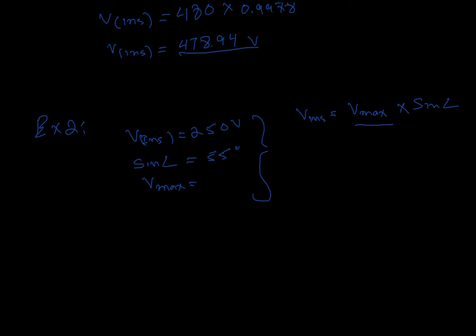So we will divide both sides by the sine of the rotation angle. So V max will be equal to the instantaneous voltage over the sine of the angle. And we will get 250 volts divided by sine of 55 degrees.